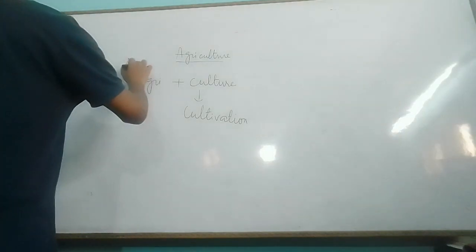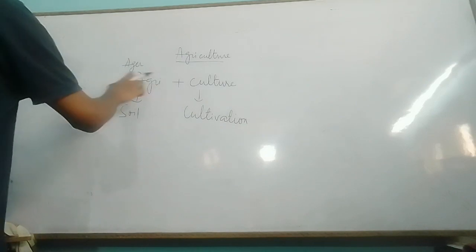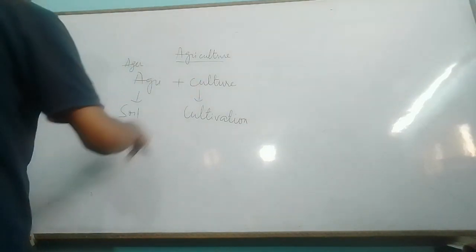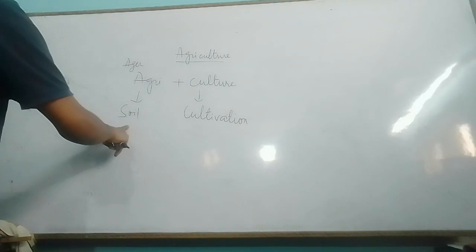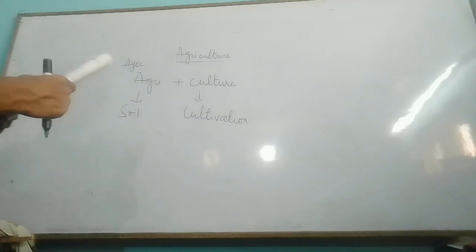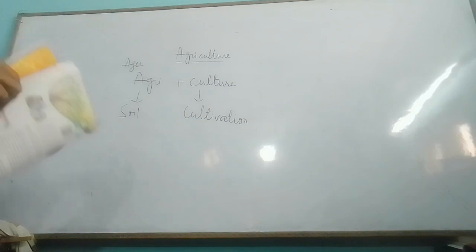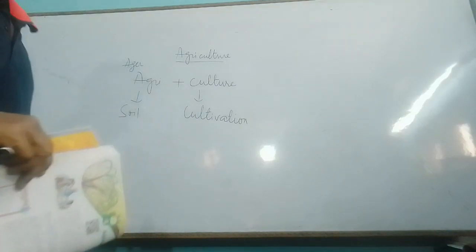You can also say ager or agri. Agri plus culture. Agri means soil, and culture means cultivation. So this is the literal meaning of agriculture.